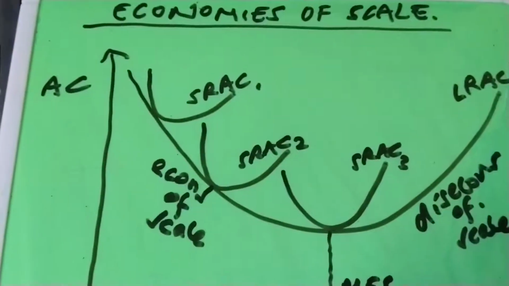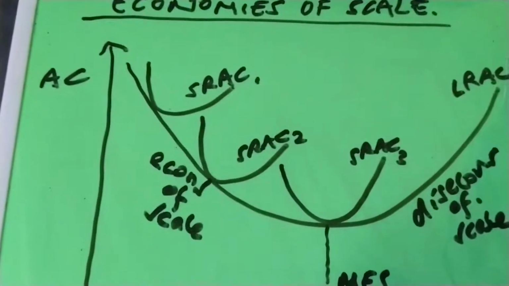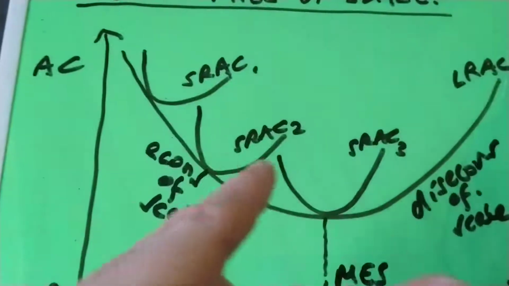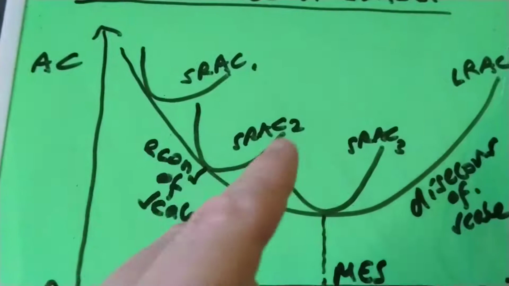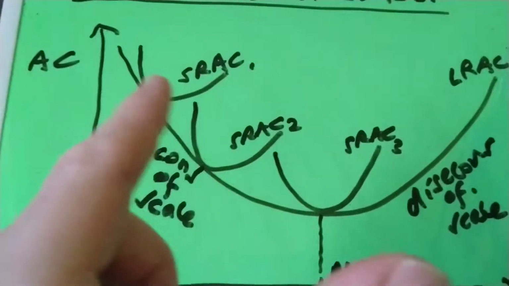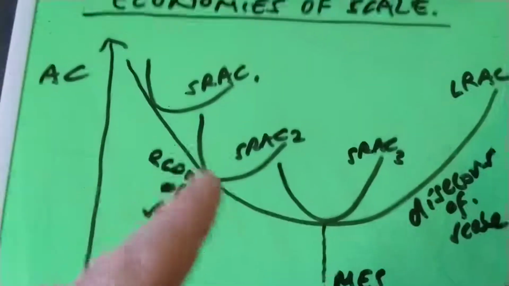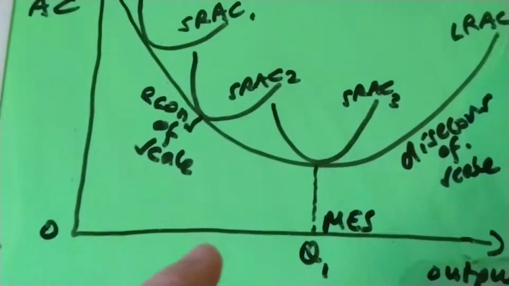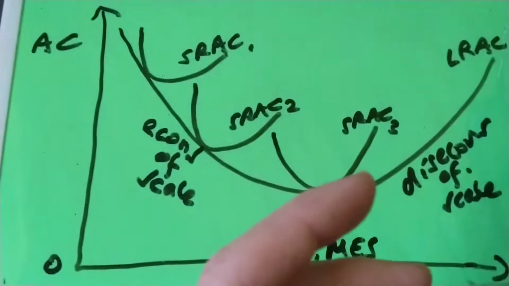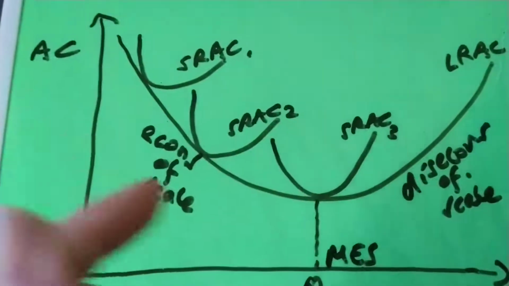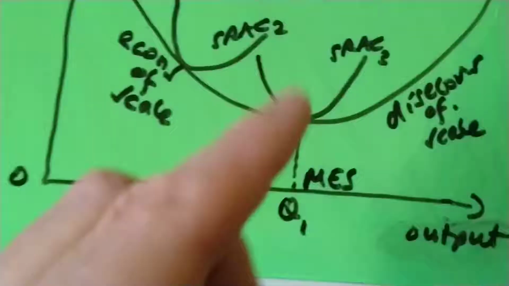If we can move into the long run, where all factors of production are flexible, then we can move to a new short run average cost curve, where average costs have got a bit better. So move from here to here, and average costs have fallen to here and output's increased. And if we then move to a third short run, then we can get our average cost lower, and that's going to be at a high level of output.